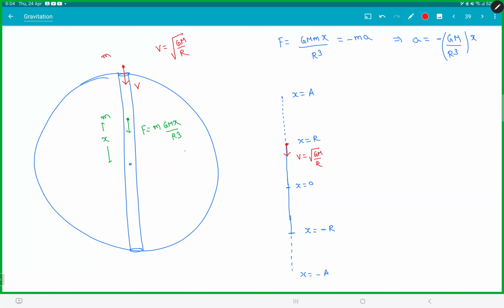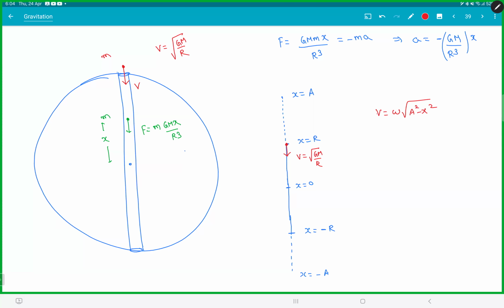Isn't this what the question looks like? So let me reframe the question. A particle is oscillating in SHM. When the particle is at x is equal to r, it has a speed of root GM by r. Is this making sense? Now, do you know the relation between velocity and x? V is equal to omega into root over a square minus x square.